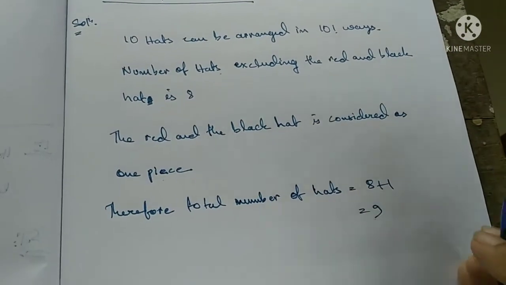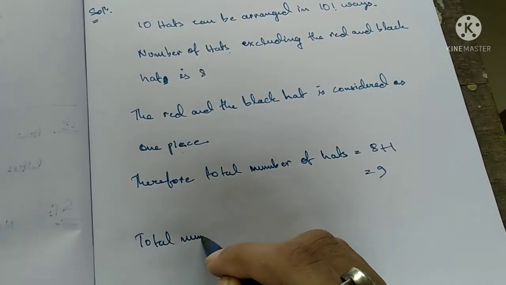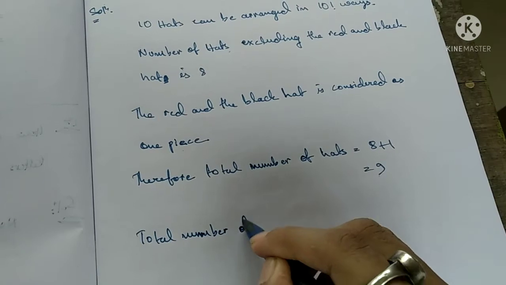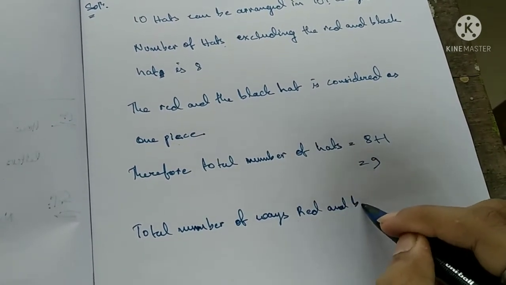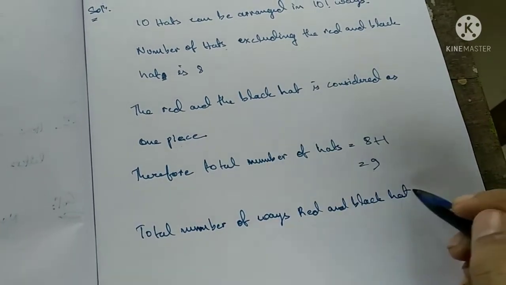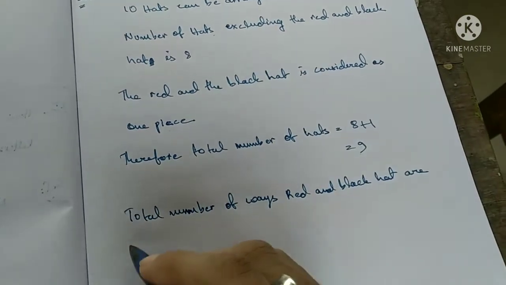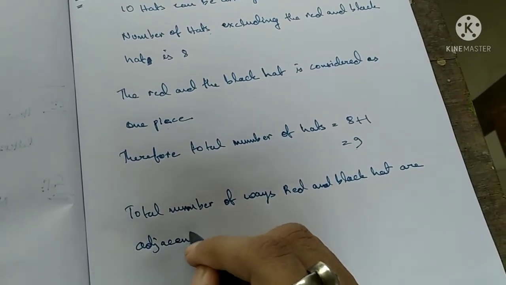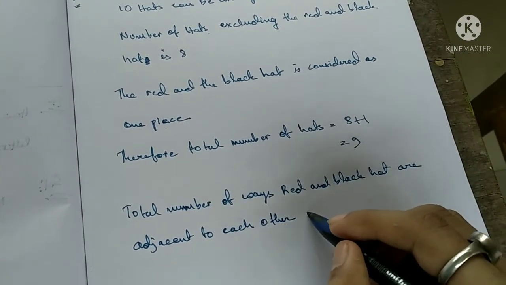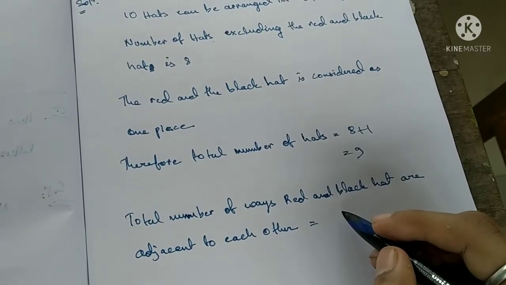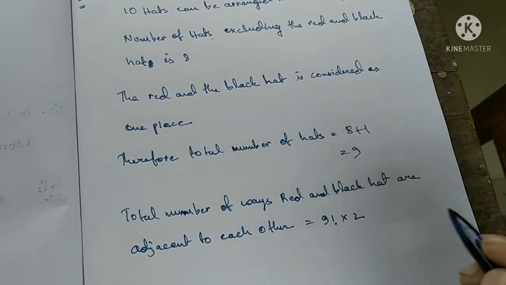So next, total number of ways the red and black hat are adjacent to each other will be equal to 9 factorial into 2.